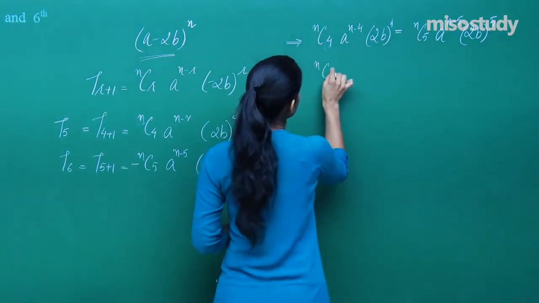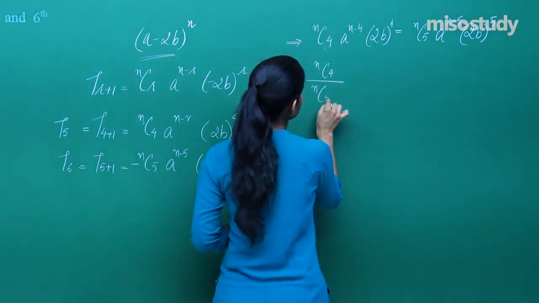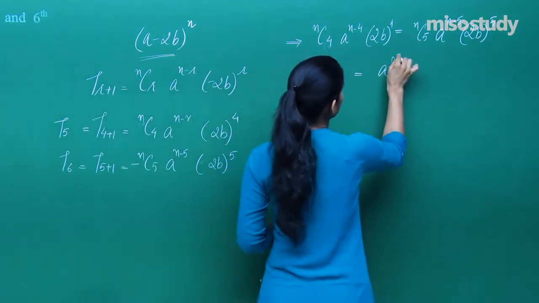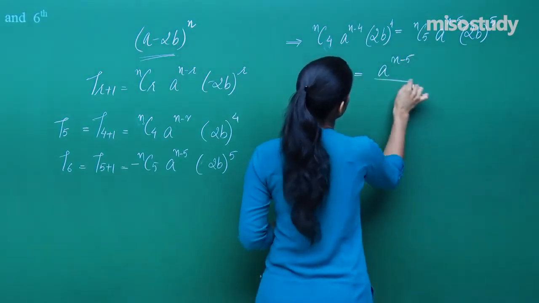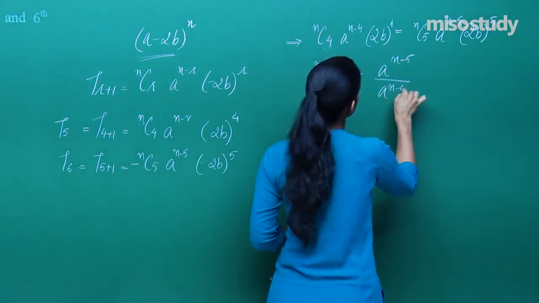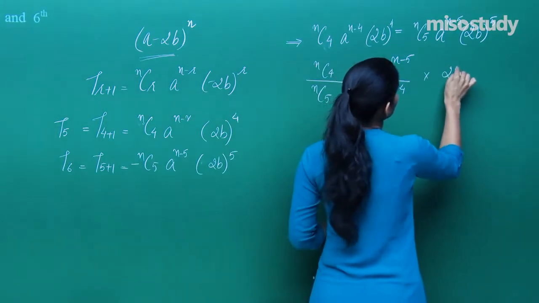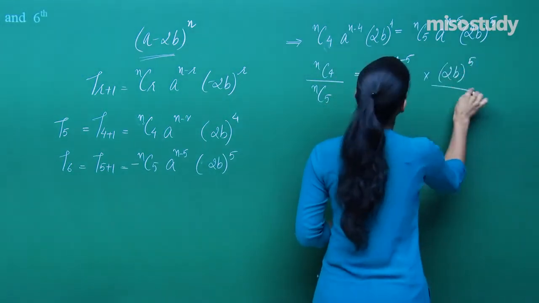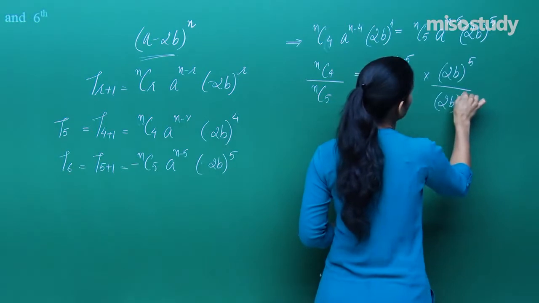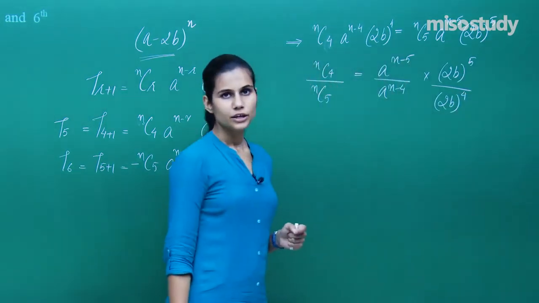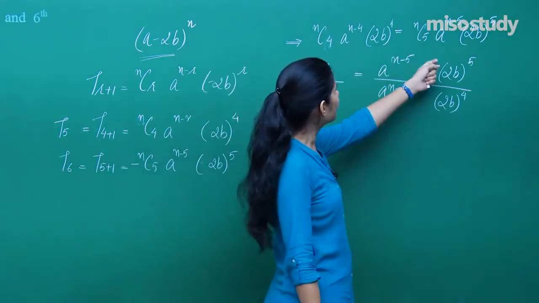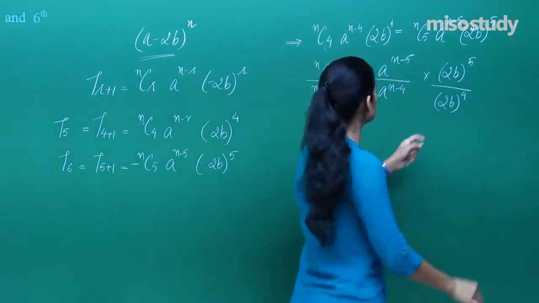which means nC4 upon nC5 is equal to a to the power n minus 5 upon a to the power n minus 4, into 2b to the power 5 upon 2b to the power 4. Right, so a to the power n minus 5 upon a to the power n minus 4, 2b to the power 5 upon 2b to the power 4.